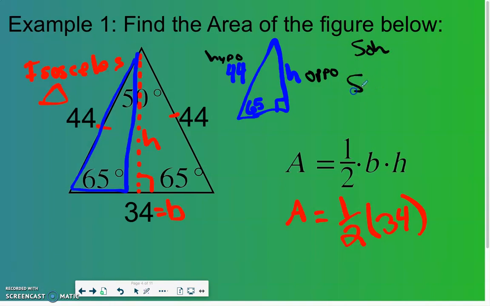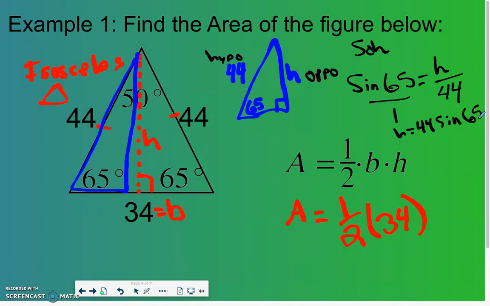So I'm going to go sine of 65 is equal to h over 44. Since it's opposite over hypotenuse, we're going to solve for h, put that over 1, and cross multiply. So h is going to equal 44 sine of 65.